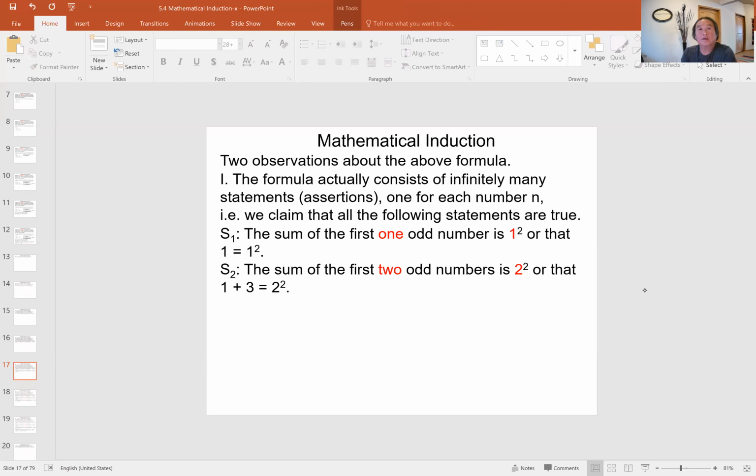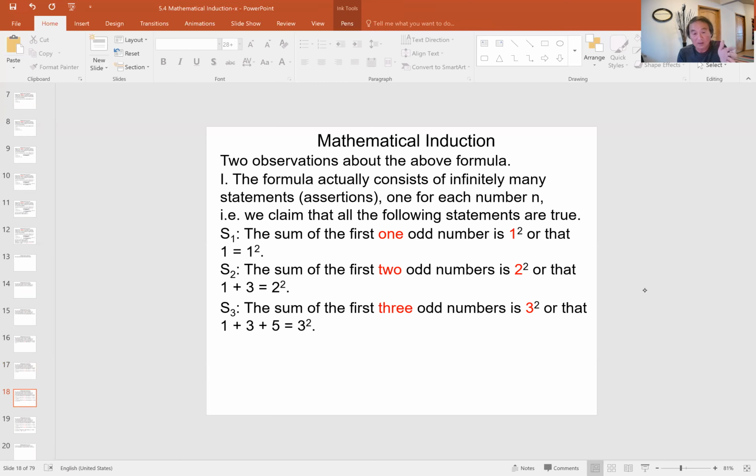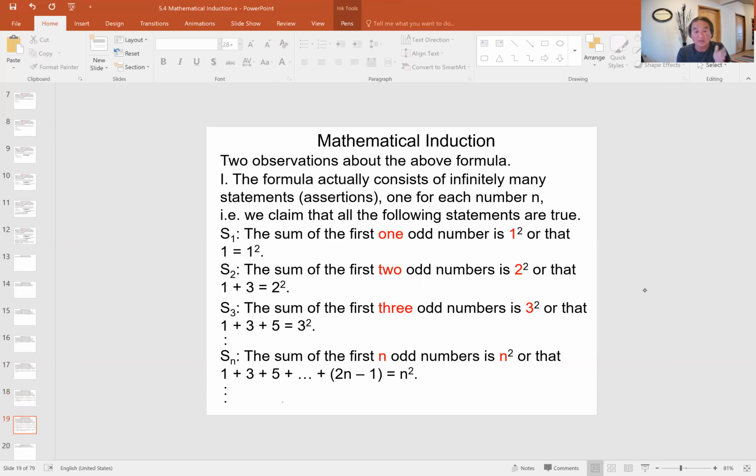First, we lay the statements out. We say the first statement, which is obvious, but we group the statements we would like to demonstrate, to prove. The first statement is 1 by itself, equals 1 squared. The next statement is 1 plus 3, adding 2 odd numbers, I get 2 squared. The next statement is 1 plus 3 plus 5, adding 3 numbers, I get 3 squared. I separate them into statement 1, statement 2, statement 3, and so on.